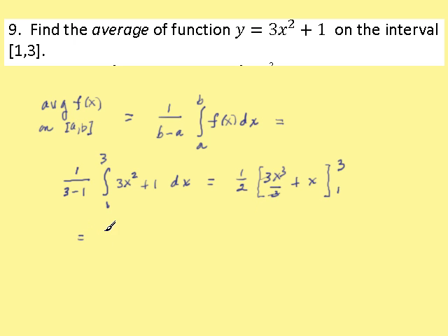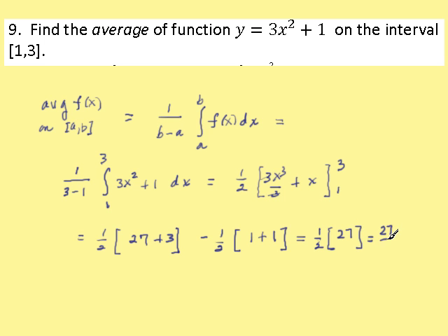So that's equal to, here we have 3 cubed, 27, plus 3, and then here substitute in 1 and we have 1 plus 1. So this comes out to 1/2 times 29 minus 2, 1/2 times 27, or 27 over 2.